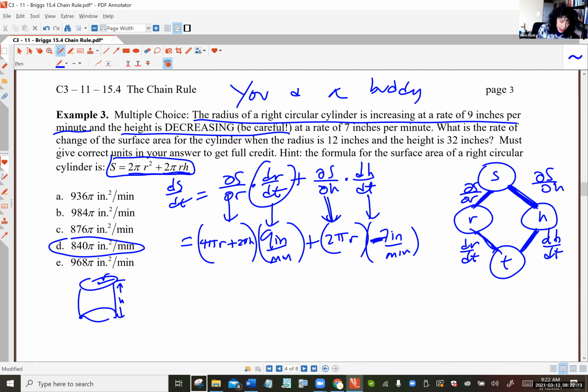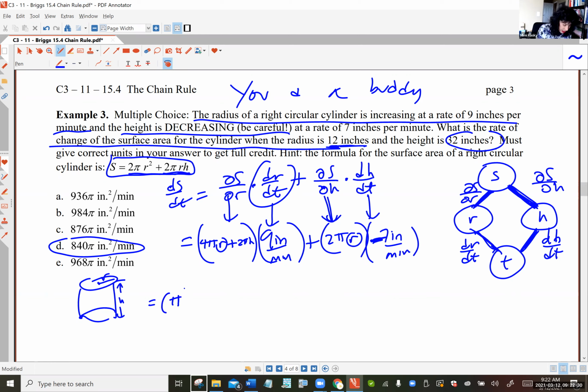Now what? They want the rate of change of surface area for the cylinder when the radius is exactly 12 inches. So everywhere you see the letter r, you'll substitute 12 inches, and the height is 32 inches. You want to substitute 32 for the h, the height.